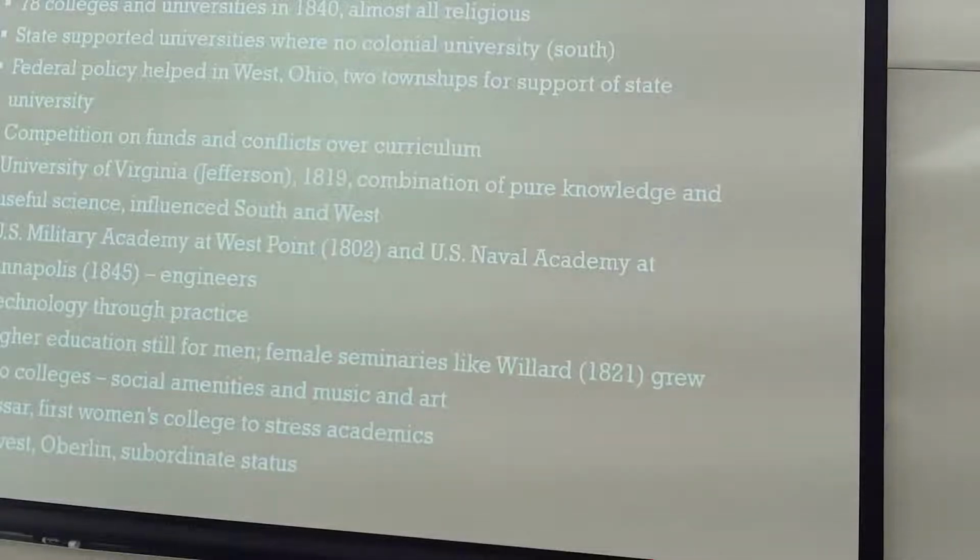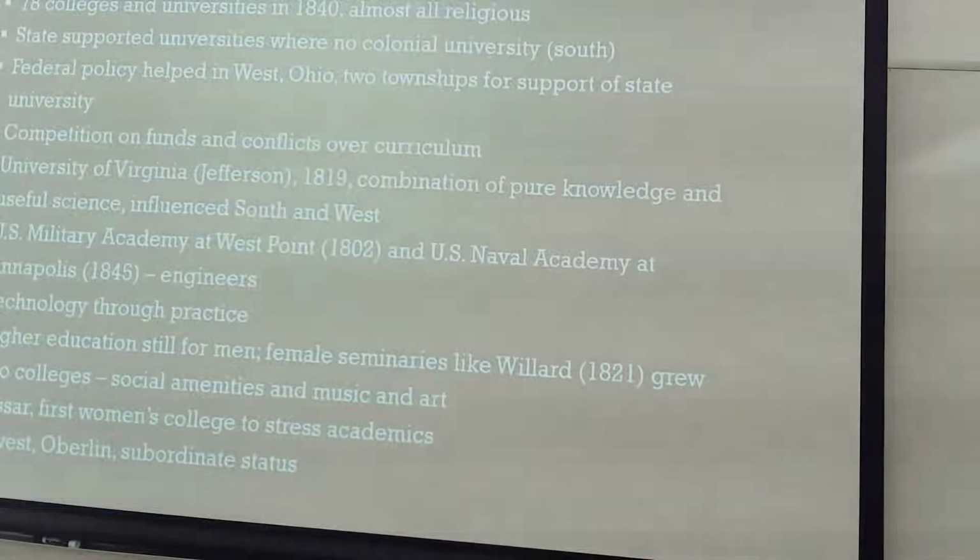In the West, you have federal policy helping to establish colleges. When they set aside money from townships, there were two, for each territory, 2 townships were set aside, the money from those to support higher education.